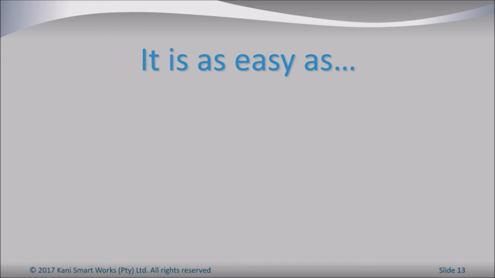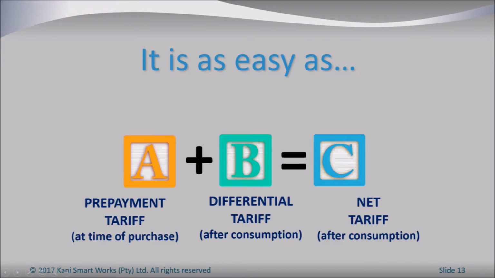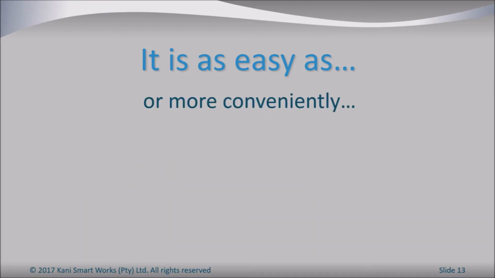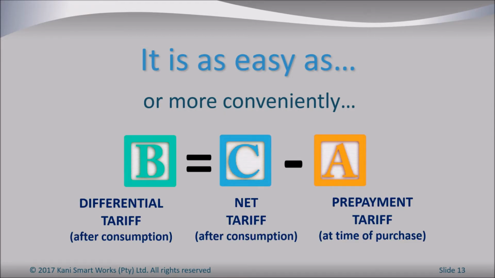Indeed, it is as easy as A plus B equals C, A being the prepayment tariff, B being the differential tariff that we need to apply, and C being the net tariff that is the result. More conveniently, to discover the differential tariff B, we can rearrange that to B equals C minus A, B being the differential tariff, C being the net tariff that we want, and A being the prepayment tariff that's applied at the vending time.